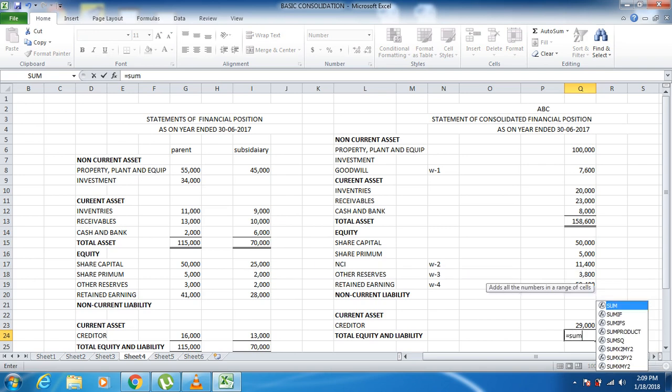And this is the statement of consolidated financial position.